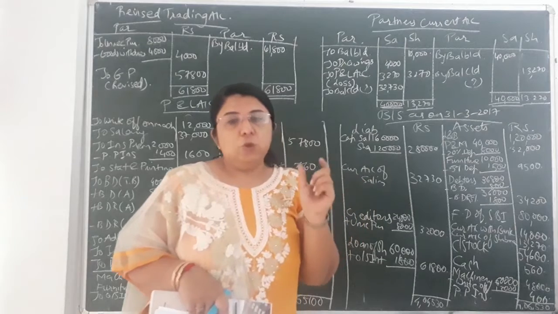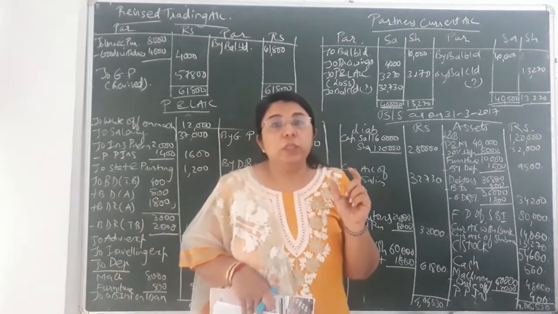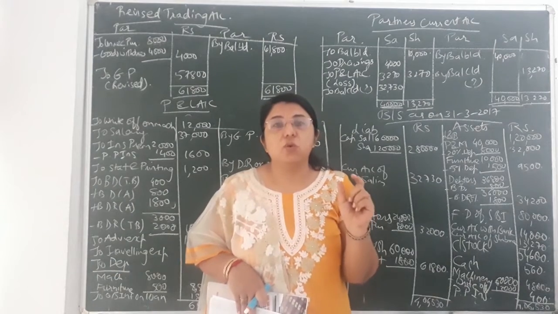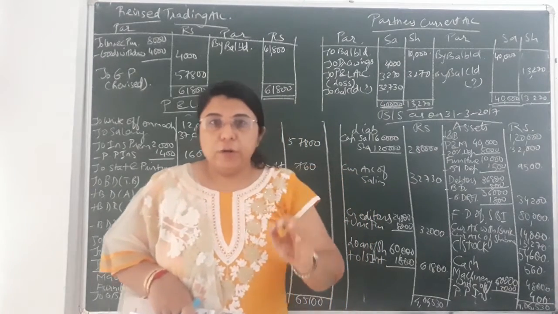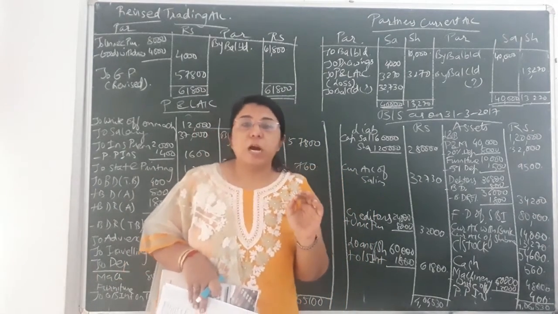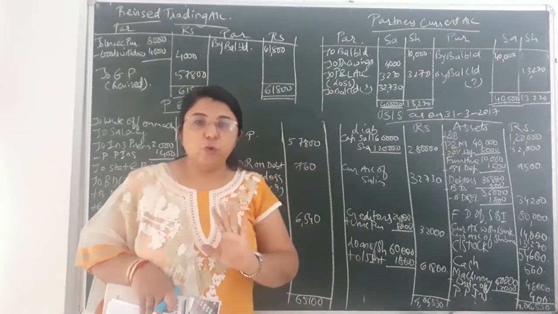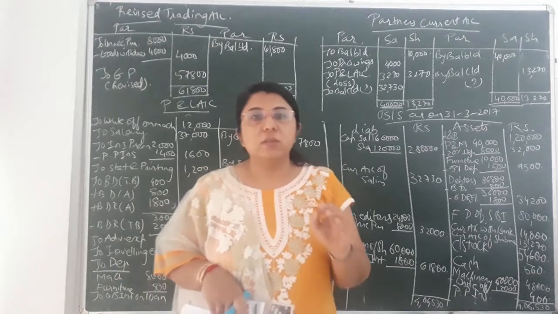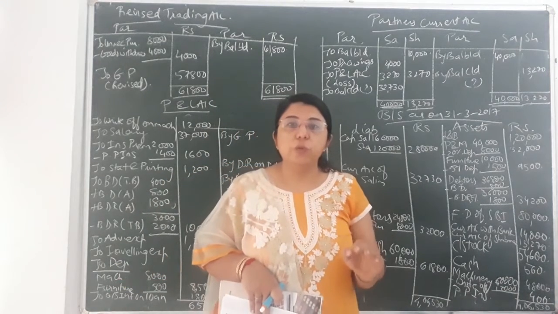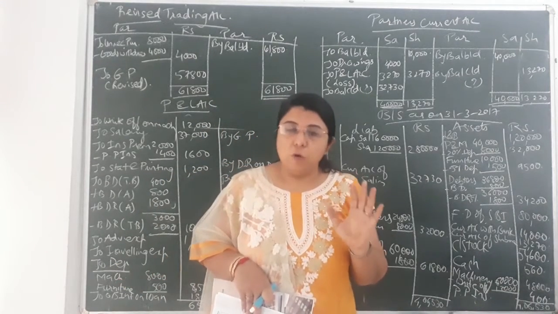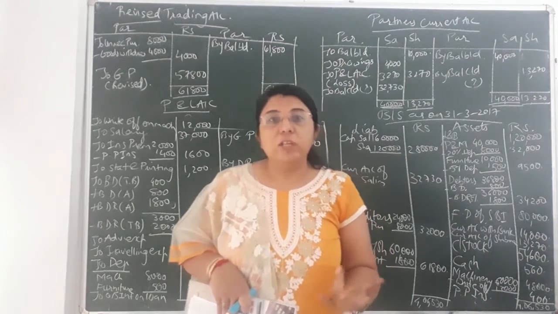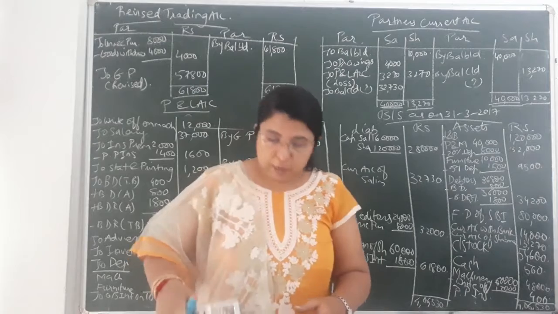Students, if the date is provided to you in the bracket, it means you have to calculate the outstanding interest on loan. You are already knowing that 6% interest on partner's loan is to be provided. If no interest rate is given to you in the question, it means it is understood that 6% rate of interest is to be provided on partner's loan from the date when it has been borrowed, or from the date when the loan has been provided by the concerned partner.